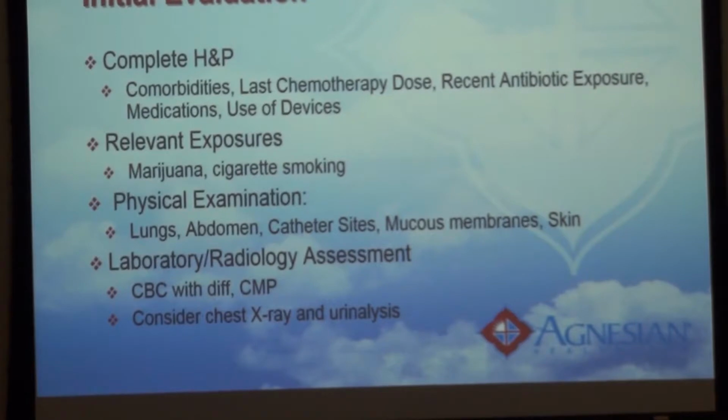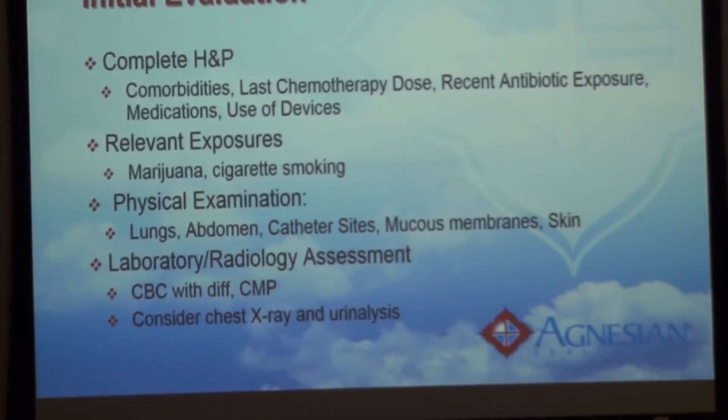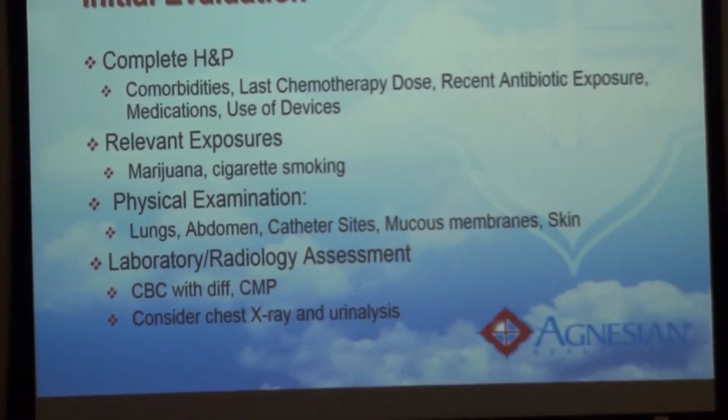I think the marijuana issue is kind of interesting because we're seeing more and more patients trying to use these alternative methods to help cope with anxiety, peripheral neuropathy, nausea, and vomiting. There have been case reports. I know case reports aren't entirely robust, but in hematologic malignancies and marijuana use, there's an association of invasive fungal infections.